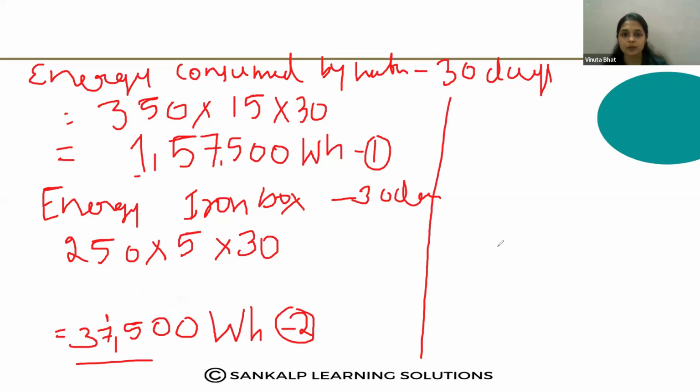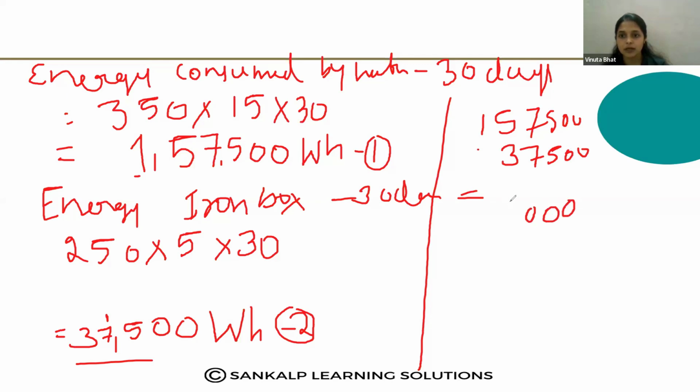So you have to add both 1,57,500 and 37,500. Just add, you will get 0, 0, 0, carry 1, 15, carry 1, 9, 1,95,000 watt hour. What is the total? You have to find out the total energy consumed by the heater and the iron box.